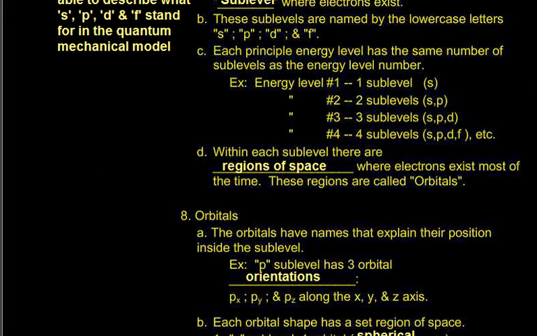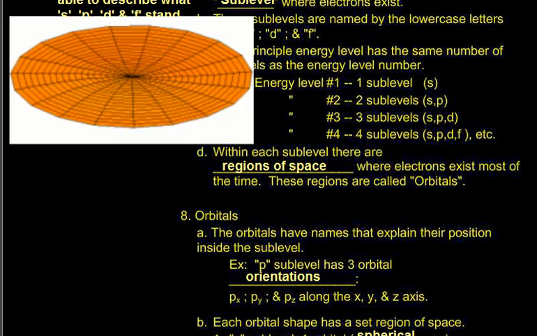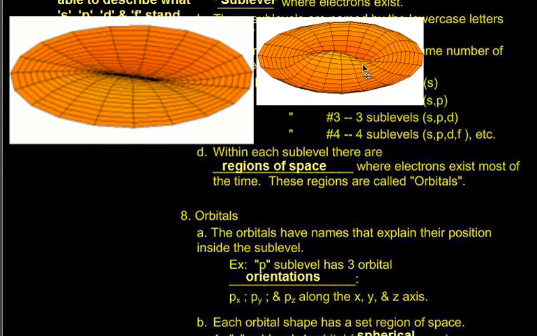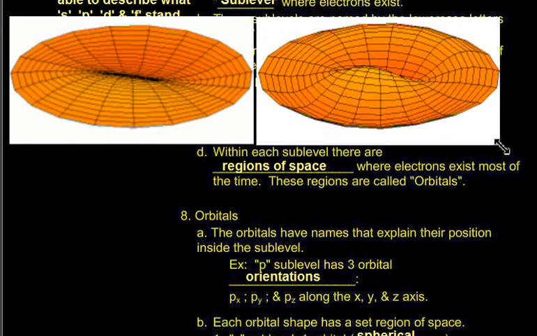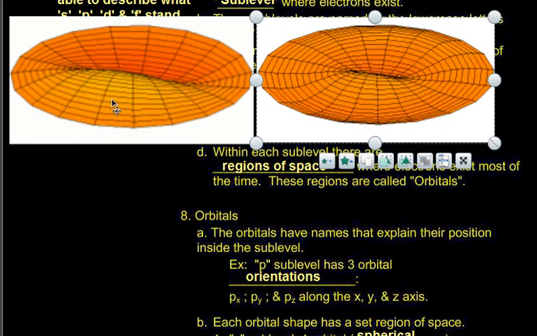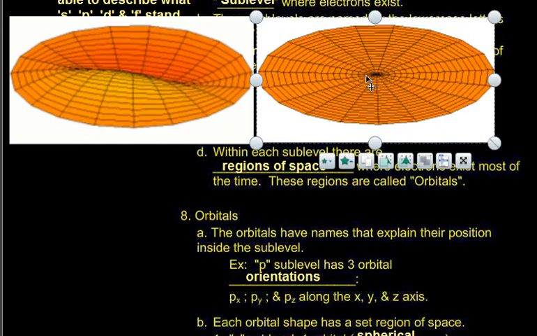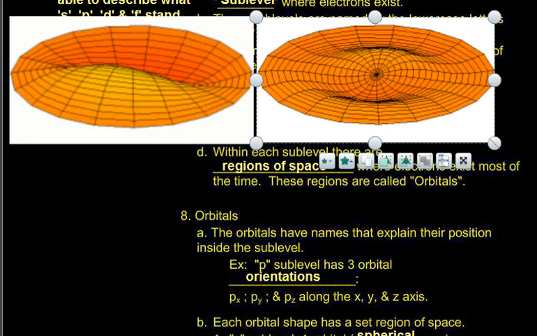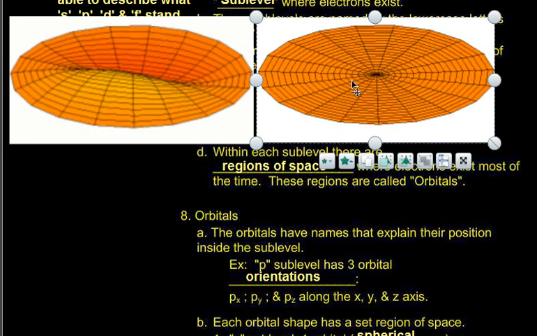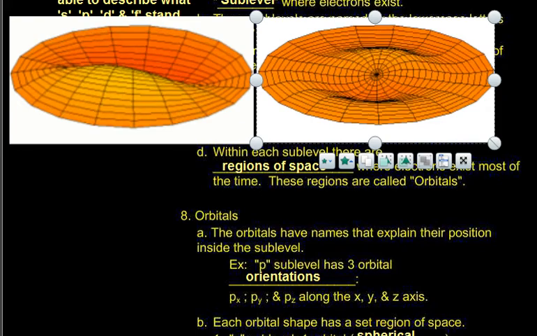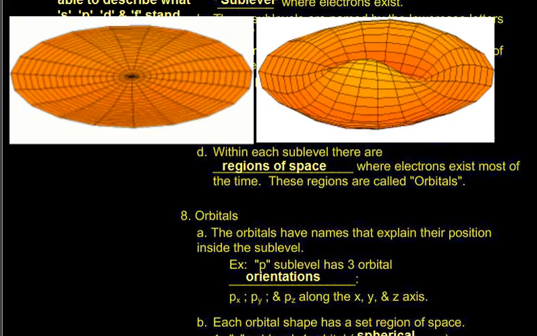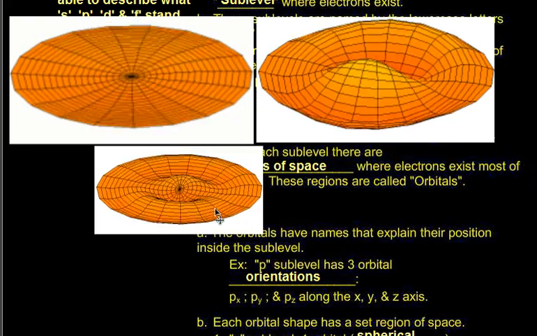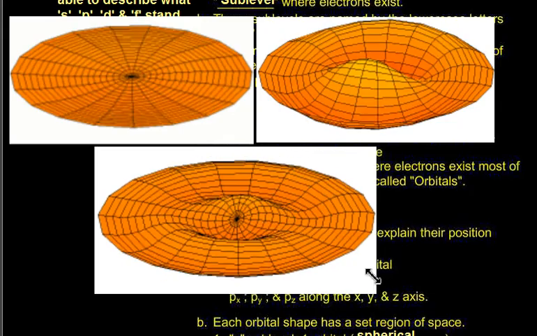Then we have the p orbital, which has this twisting motion to it. It has a general single twist, or this one has two twists in it. If you guys can see those. Okay, and then we have another one that looks like this, and this is the next energy level up.